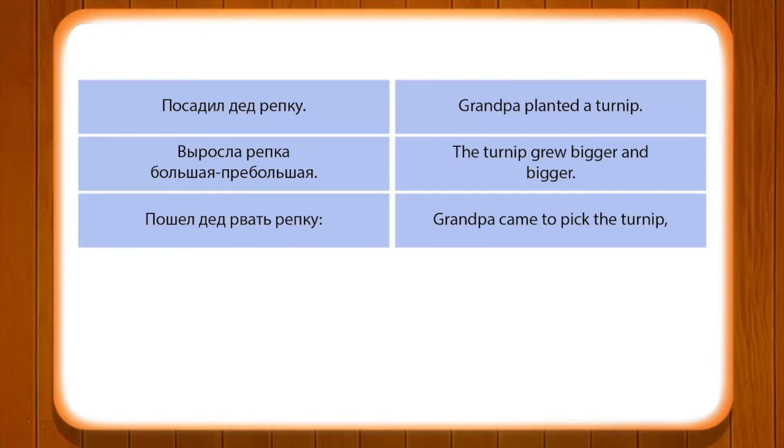Pashol means to go. Ded is dedushka. Rvat is to pick it up. Repka you know. So if we simplify the sentence, ded pashol rvat repku, that means grandpa has gone to pick up the turnip.